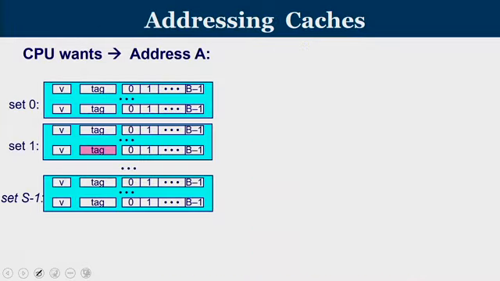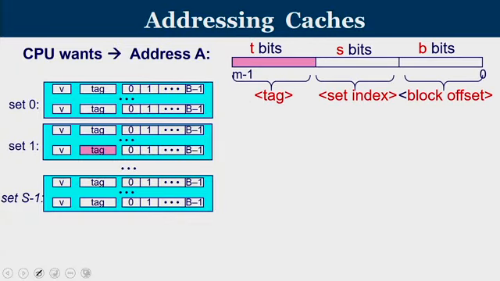Now, consider the context that the CPU wants an address A, the physical address of A. Once you get the physical address of A, that physical address is divided into 3 things: tag, set index and block offset. With the number of bits for block offset, set index and tag, it is easy for us to correlate what happened. So, S tells the number of sets.